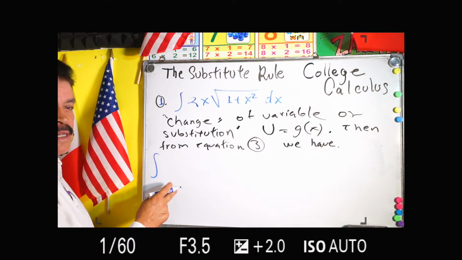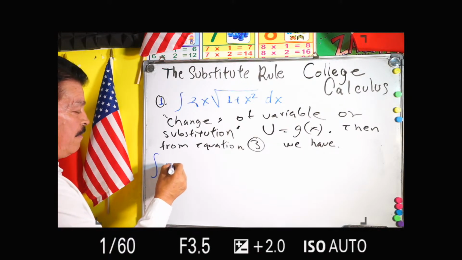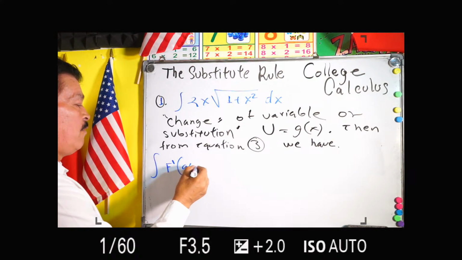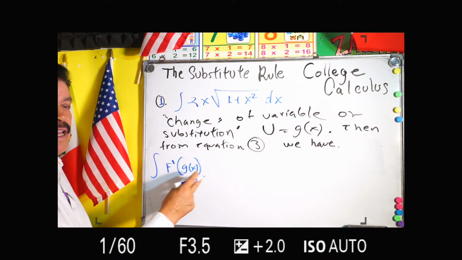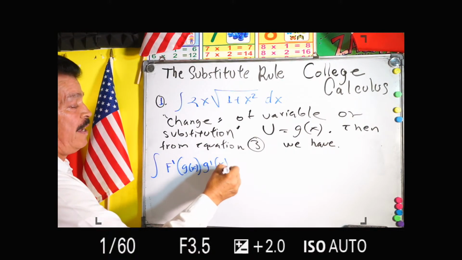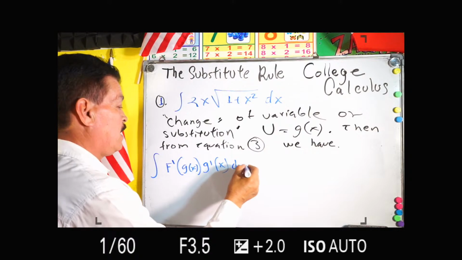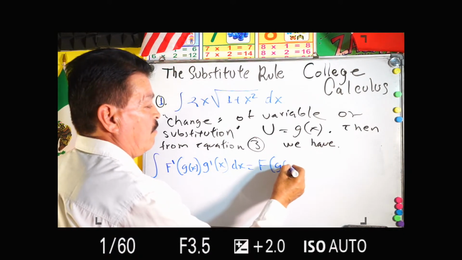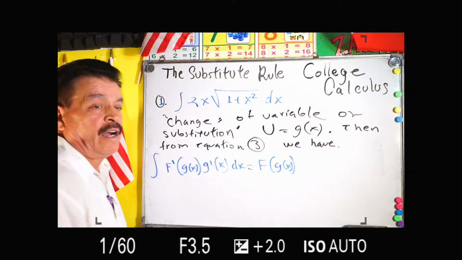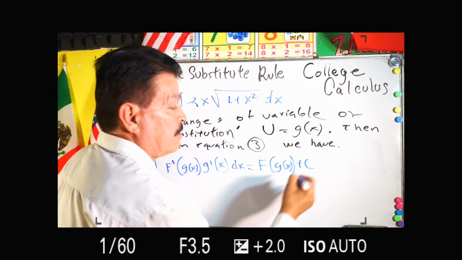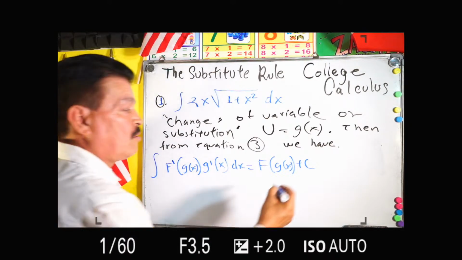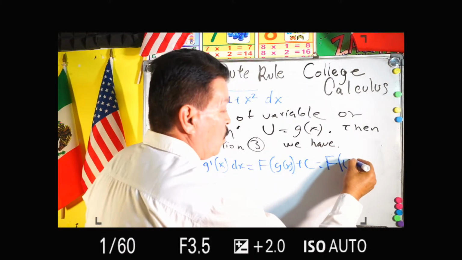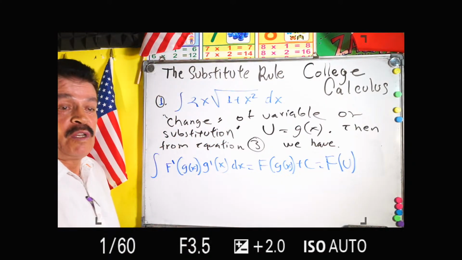It's a very big integral of f prime of g of x and then g prime of x dx equals f of g of x plus c, equals f of u plus c.